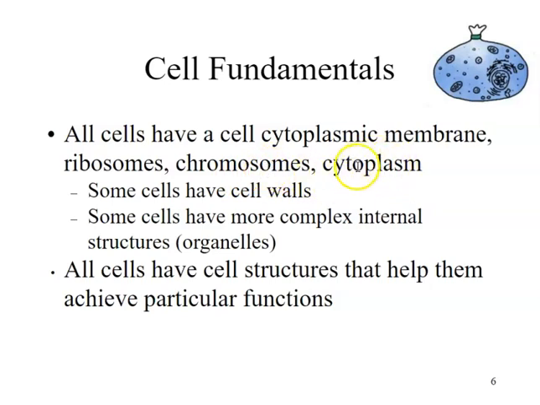They all have the jelly-like, water-based fluid called cytoplasm, which fills up the cell and in which much of the cell's biochemistry occurs. Only some cells have cell walls, and only eukaryotic cells have more complex internal structures referred to as organelles. All cells have cell structures that help them achieve particular functions. For example, the ribosomes are necessary in order to make protein.